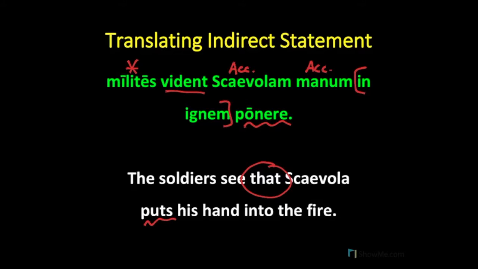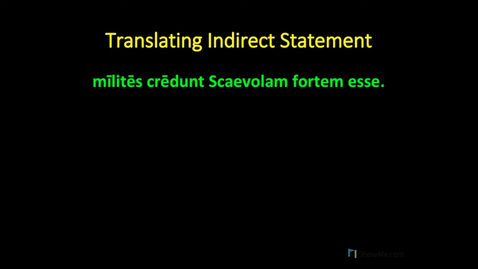So, whereas Latin expresses this idea with an accusative and infinitive, English expresses this idea using the conjunction that plus a finite verb. Let's look at the other example. Milites credunt, Scaevolam fortem esse. Our main verb is credunt, milites is the subject, Scaevolam is accusative, and so is fortem, and esse is the infinitive.